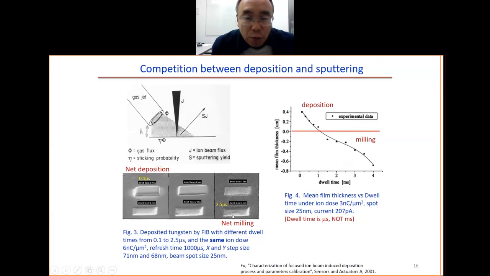With 2.5 microseconds, you get net milling, so no deposition. Instead, you mill away the material. The same thing is shown on the curve on the right. With a shorter dwell time, you get net deposition of film. With a longer dwell time, the thickness becomes negative, net milling.